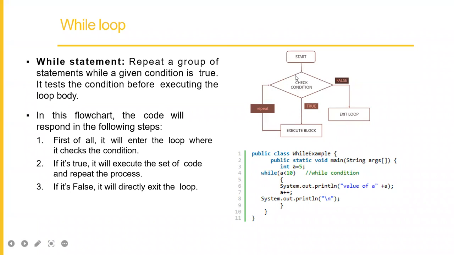First it will check the condition. If true, the body of the loop will be executed and repeat the process. But if the condition is false, then it will exit the loop. This is what a while loop is.